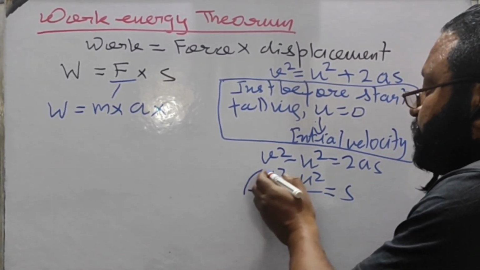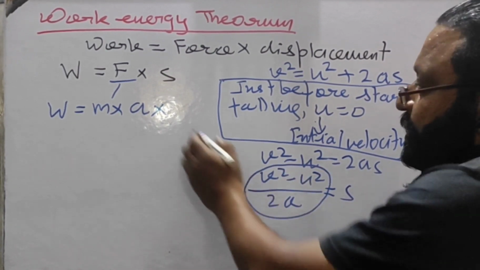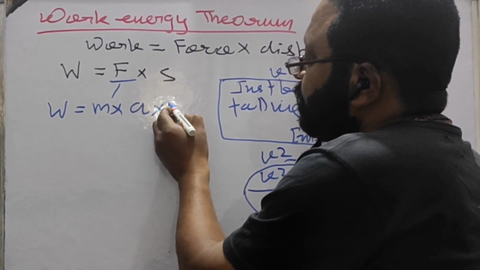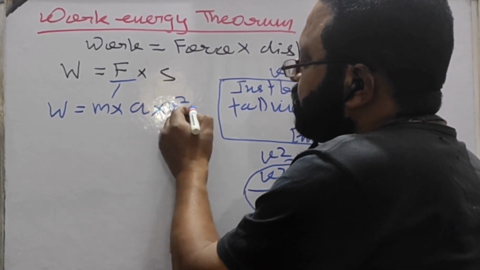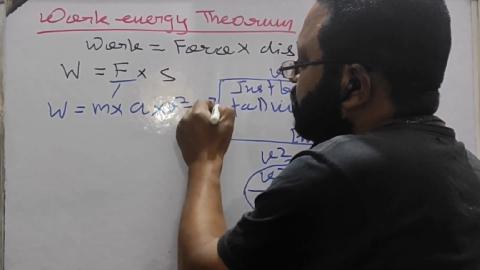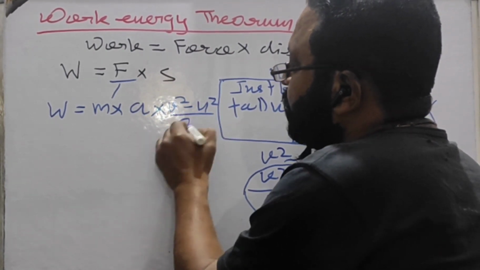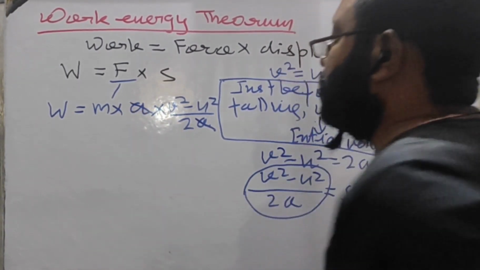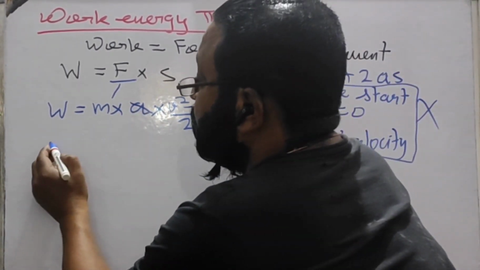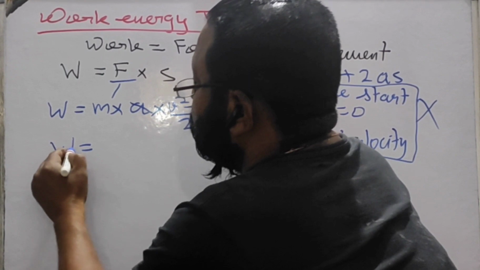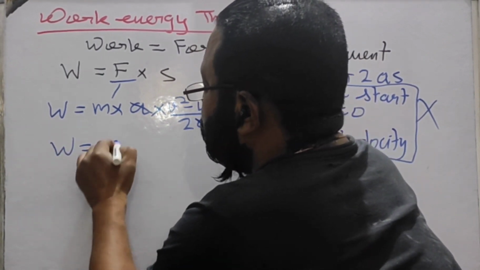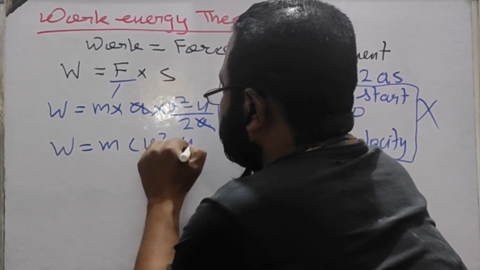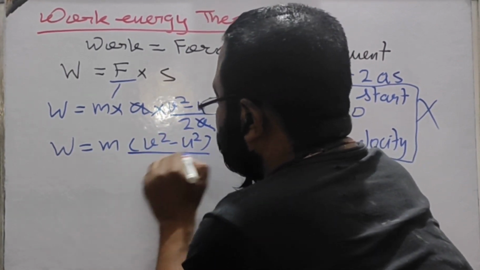So when we substitute this value of s here, we get v square minus u square upon 2a. This a and a cancel out, so you get W is equal to m bracket v square minus u square upon 2.